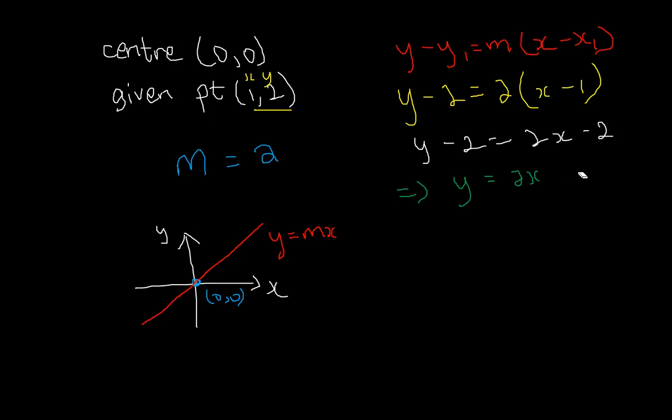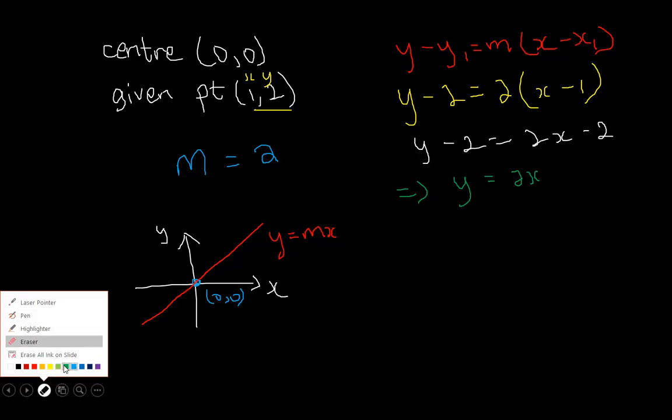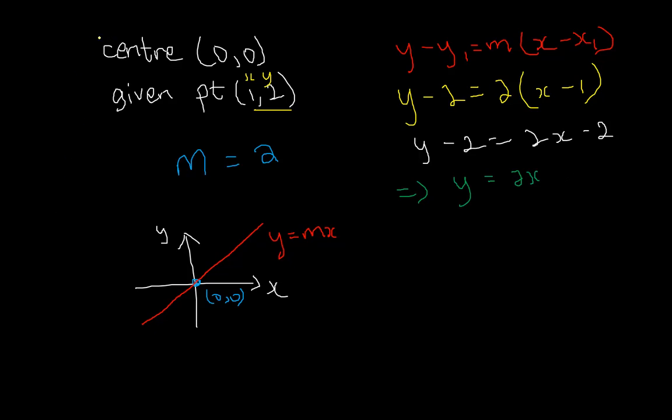So at all times, the equation of a normal will always be in the form y equals mx. Every time the center is 0, 0, you see center 0, 0, you know that your equation for the normal is going to be y is equal to mx.